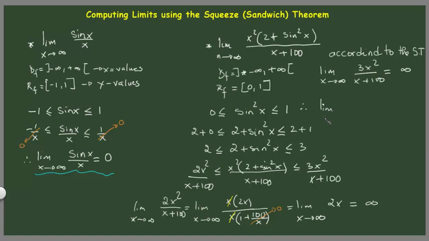So as x tends to infinity, x to the power 2 times 2 plus sine squared of x over x plus 100 also tends to infinity, and that's what we can say about that, right?